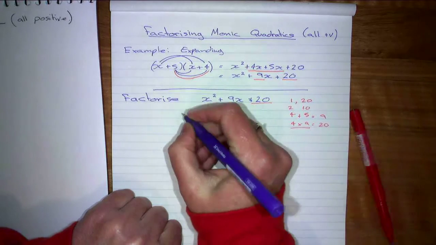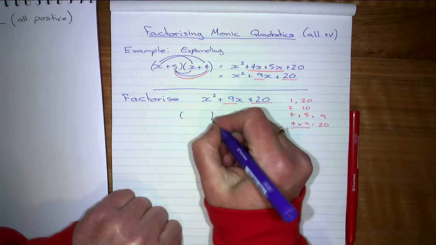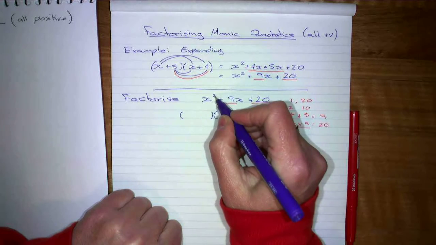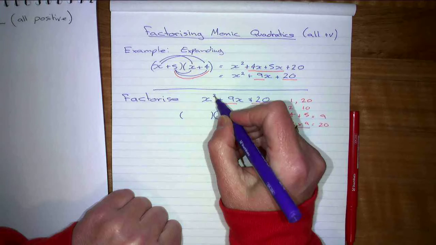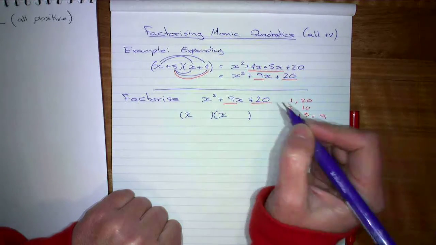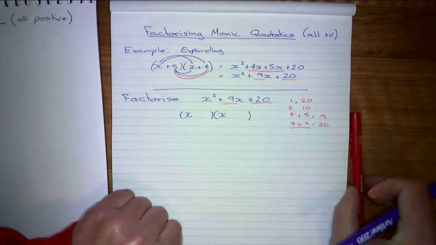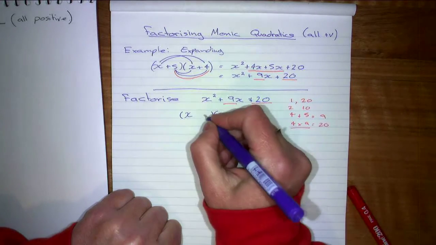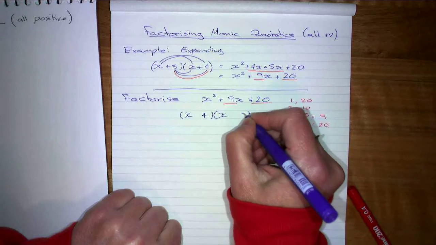So what we do is we set up two sets of brackets. We know that our pronumeral is x, so x squared. So to get the x squared, we have to have x in each bracket. We know from what we did here, where we found our factors, that our numbers we need are 4 and 5. So we put a 4 and a 5.